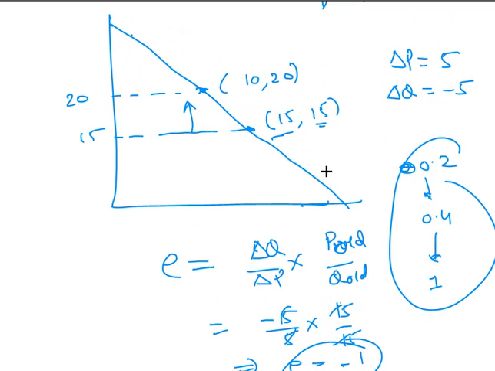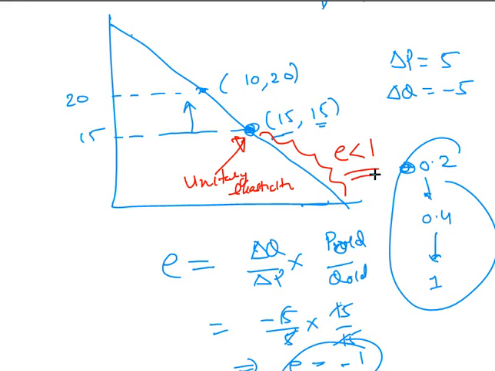So what we see is this is the point where we have the unitary elasticity, and below it we had elasticity less than 1. Now what will happen from this point to this point?